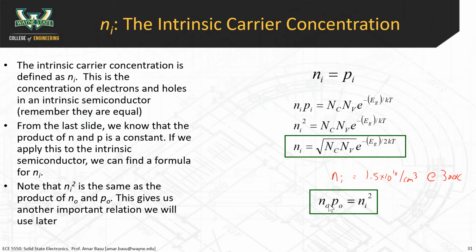Yes? Isn't that square root equal to 1 in the equation? Ni is equal to square root of NC NV, and NC and NV are the densities, right? So NC density, or say NV density, will be equal to 1 minus NC, right? If it is intrinsic. No, this is the effective density of states, which is different from the Fermi function.